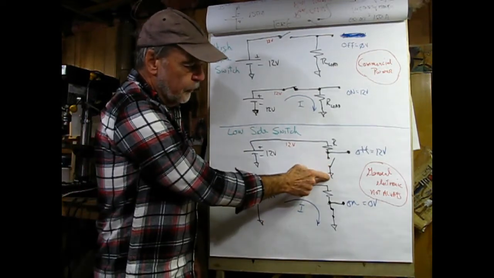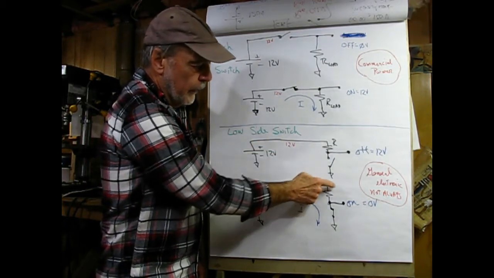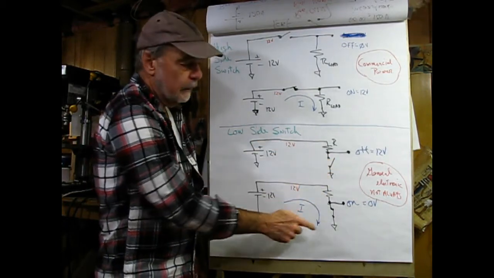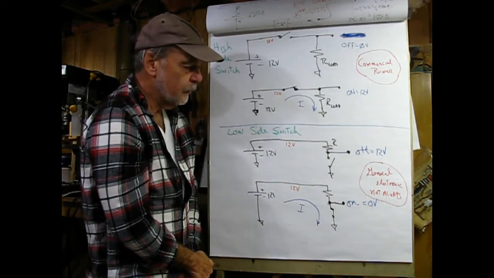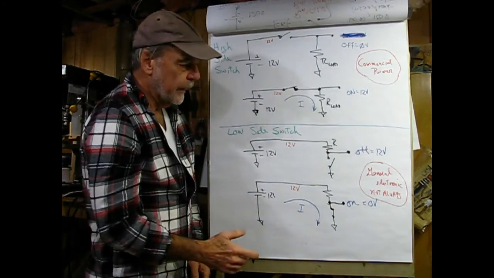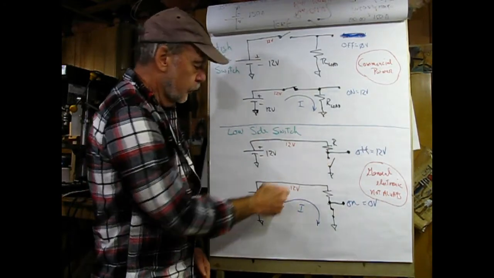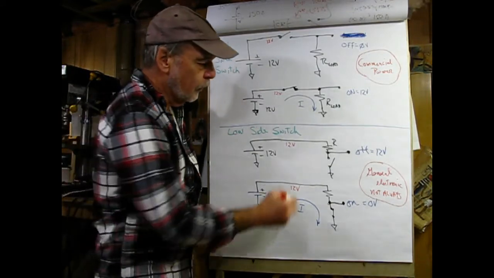Here I have the switch between the ground and the load, 12 volt source again, and now I have the switch open. And what I'm going to measure at this point is 12 volts. So many times people think that that circuit's on. Let's figure it out here. I have it open, so the current flow I is going to be equal to 0.